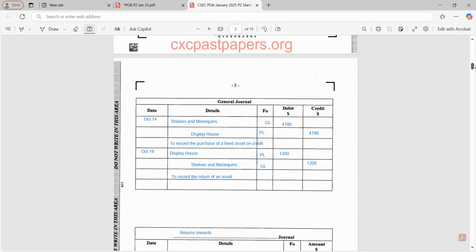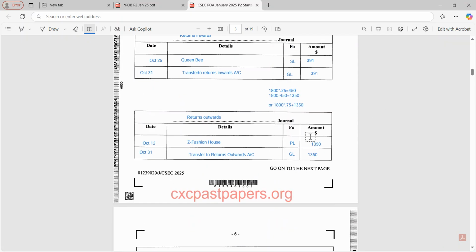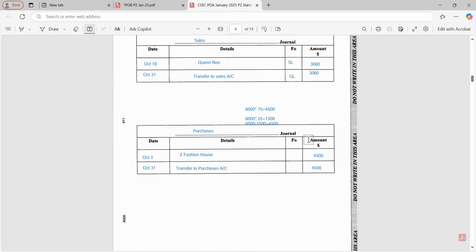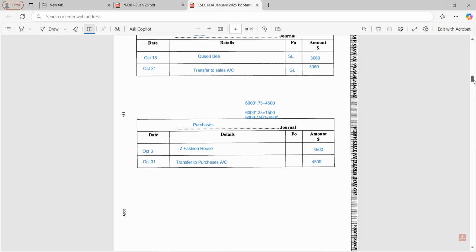All right. So what you're going to do, you're going to look for all those transactions. So we had 4,500 here for Z Fashion House, and we also had 1,350, which is the goods that we sent back to the Z Fashion House.